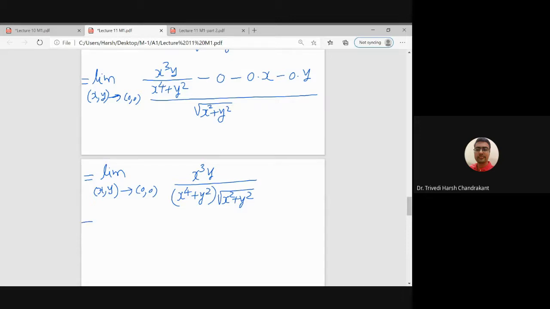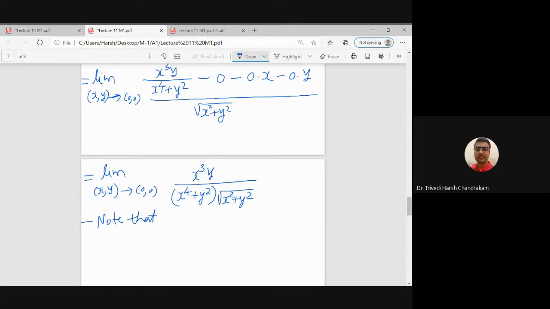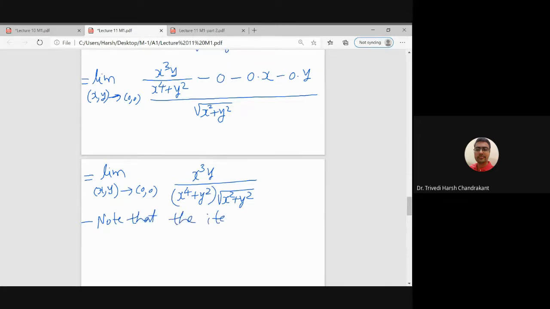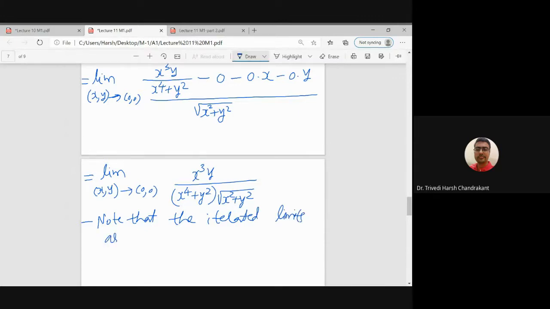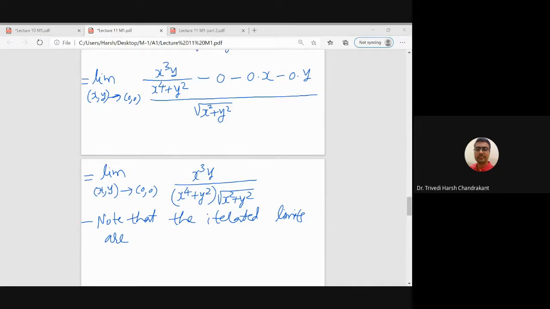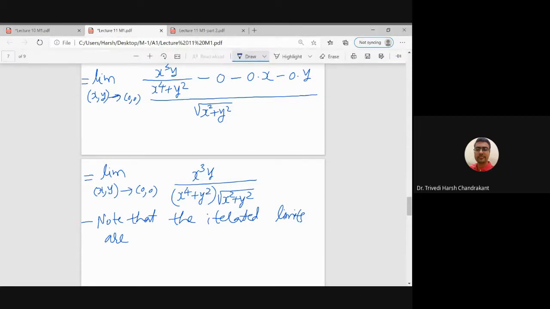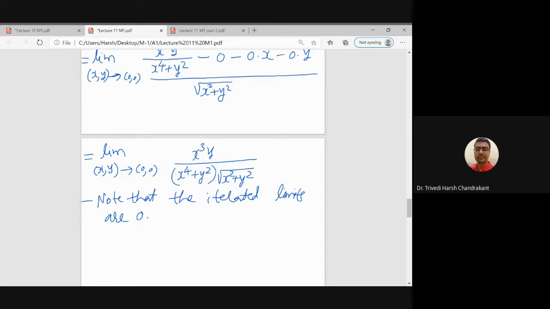So what will be the iterated limits? If x tends to 0 then y tends to 0, and y tends to 0 then x tends to 0, both the iterated limits will be 0.